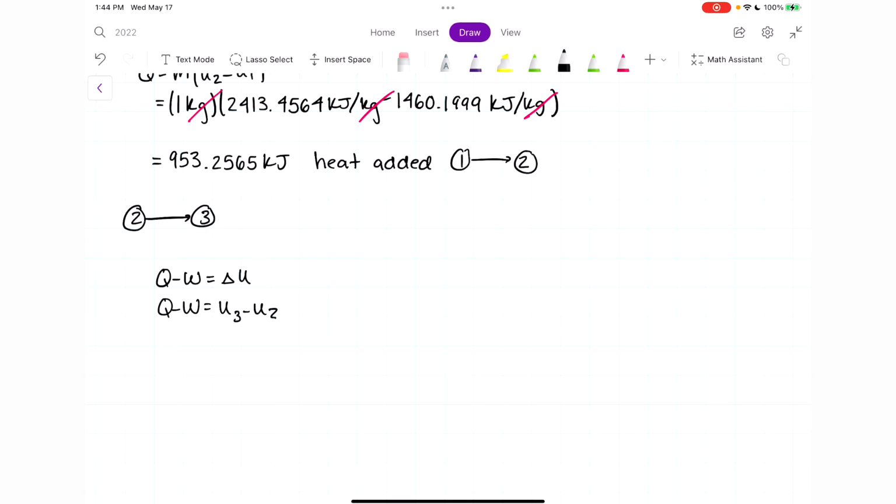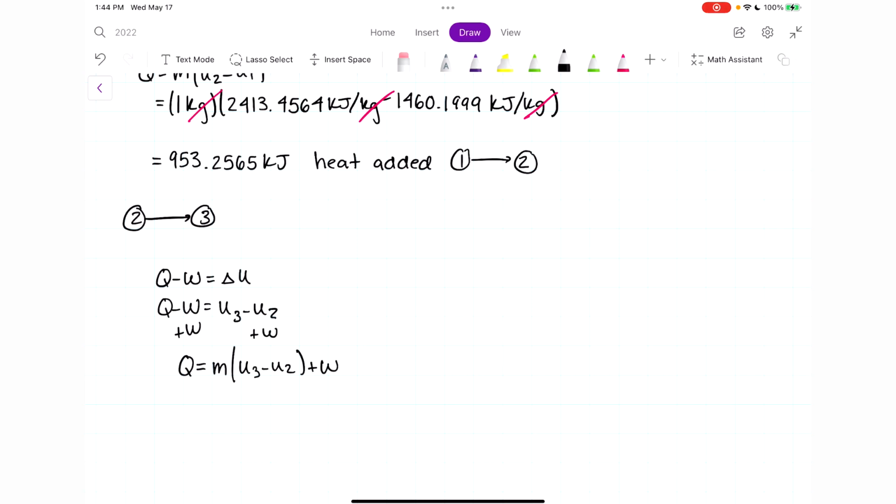Let's go ahead and add W on both sides. So Q is equal to, remember, if we want to use our tables, because our tables give us specific internal energy, we're going to have to multiply it times the mass. So mass times (U3 minus U2) plus W.